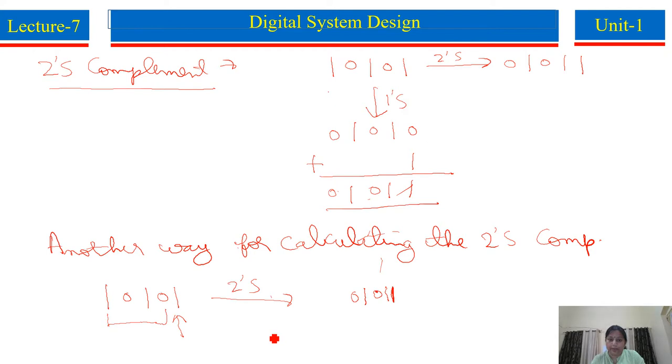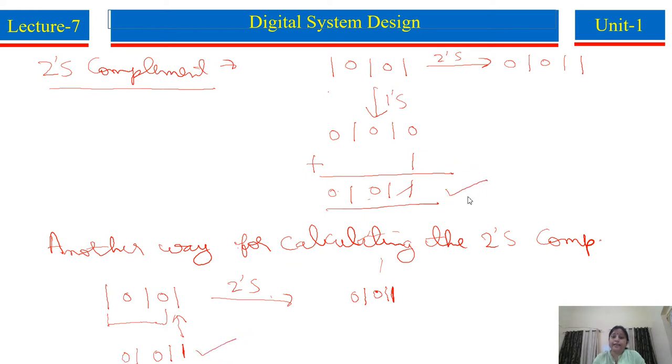I repeat again. दोबारा देख लीजिए. For taking twos complement, फर्स्ट ऑफ ऑल स्टार्ट फ्रॉम LSB और तब तक नंबर एज इट इज लिखते जाइए जब तक पहला वन ना मिल जाए. So we get first one at LSB location. Then when you receive first one, after that you take the ones complement of remaining number. So 0 complement is 1, 1 complement is 0, 0 complement is 1, 1 complement is 0. So you check, your answer is same.